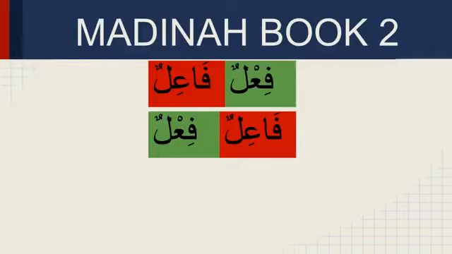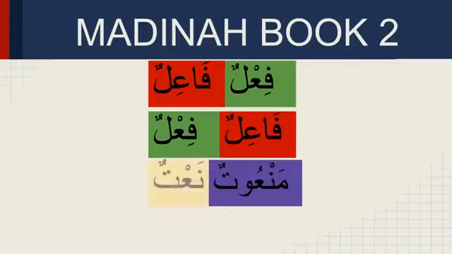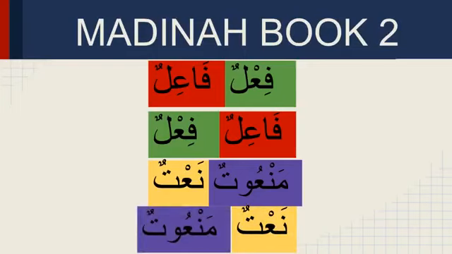When you're reading Arabic, you always look for the fa'il after the fa'al, and when you translate, you always mention the fa'il first and then the fa'al. Similar thing for the na'at and man'ut: the man'ut comes first and the na'at comes later, but when we translate to any other language, the na'at is mentioned first and the man'ut comes next. If you remember this, it'll be easy to look for the fa'il and translate correctly, so we don't make any mistakes, inshallah.